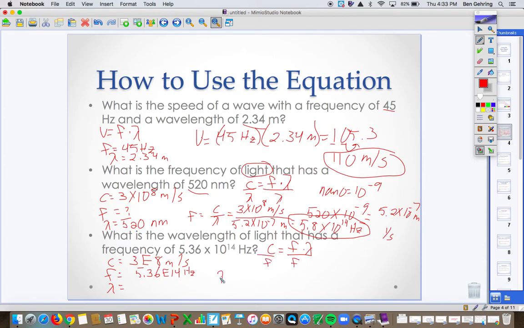So I get wavelength equals 3 times 10 to the 8th meters per second divided by 5.36 times 10 to the 14th. And if I do that, I should get an answer of 5.60 times 10 to the minus 7th.